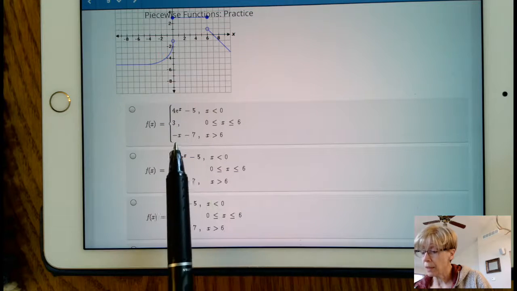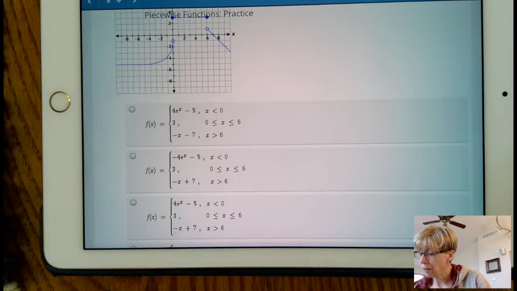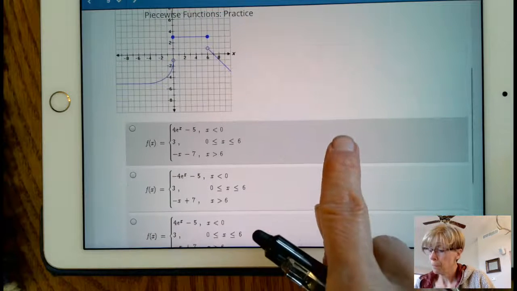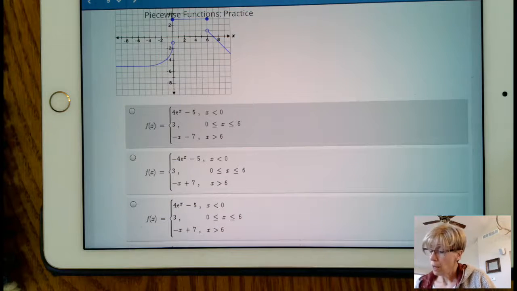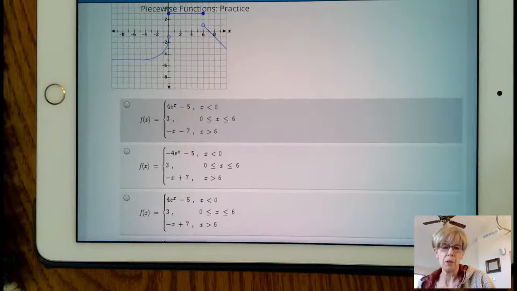And I'm looking at negative x, negative x, negative x. We can eliminate the fourth one.